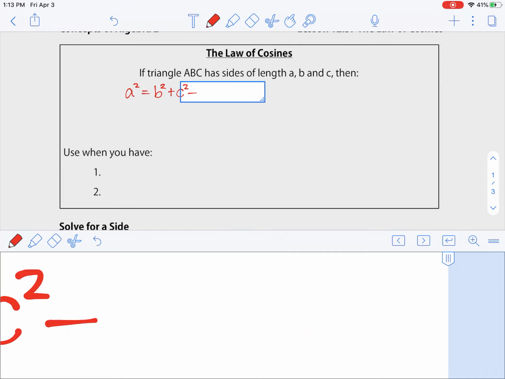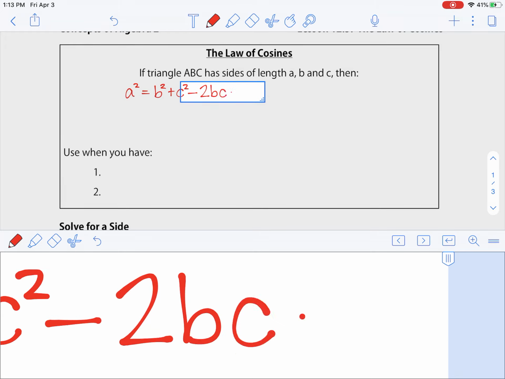Kind of a little bit of a Pythagorean theorem look there, minus 2bc times the cosine of angle A.